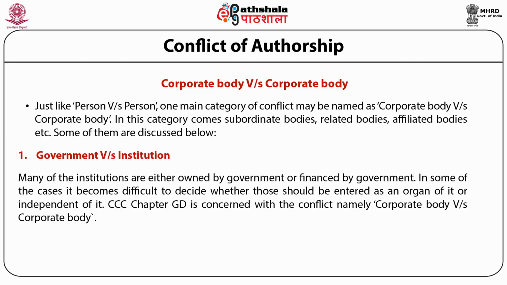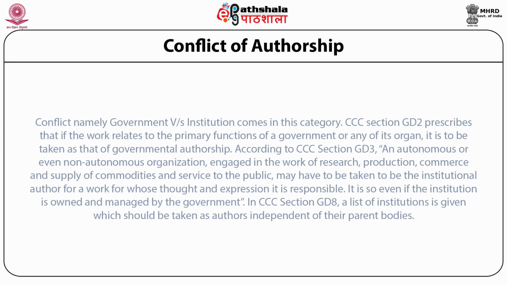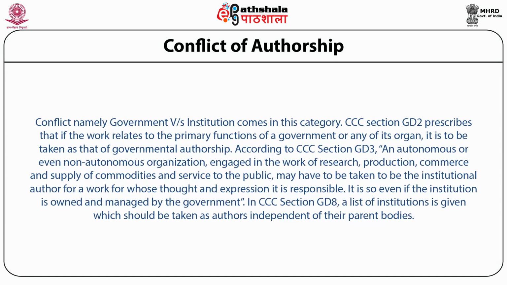In some of the cases, it becomes difficult to decide whether those should be entered as an organ of it or independent of it. CCC chapter GD is concerned with the conflict, namely corporate body versus corporate body. The conflict, namely government versus institution, comes in this category.